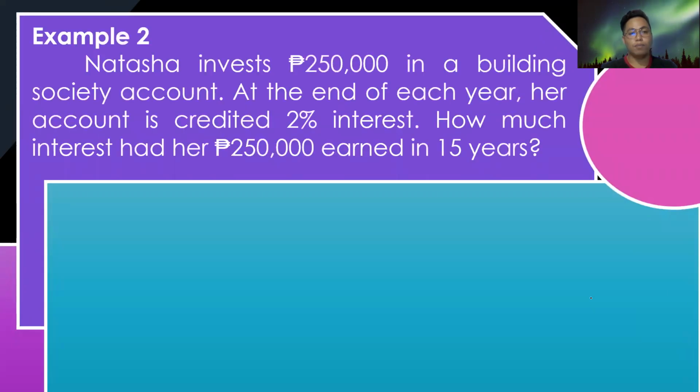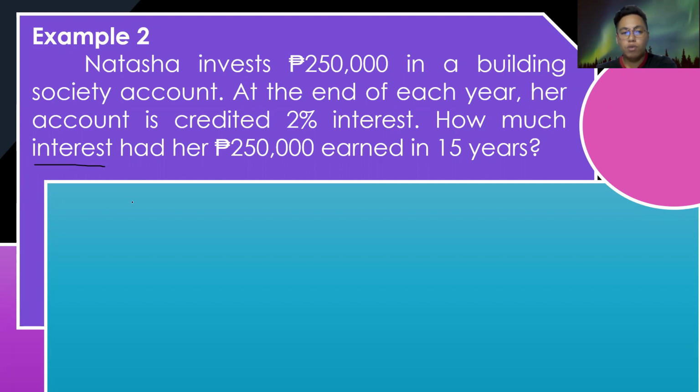Let's have our example. Natasha invests 250,000 pesos in a building society account. At the end of each year, her account is credited 2% interest. How much interest had her 250,000 earned in 15 years? So for this problem, you are asked to identify the amount of interest.